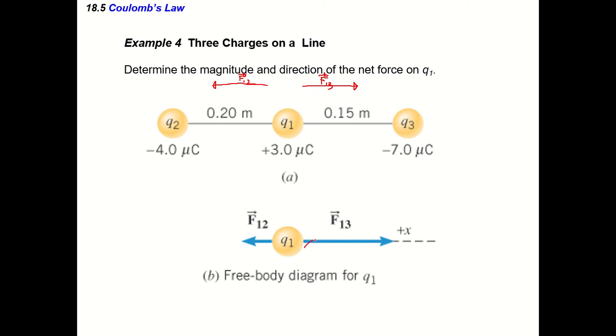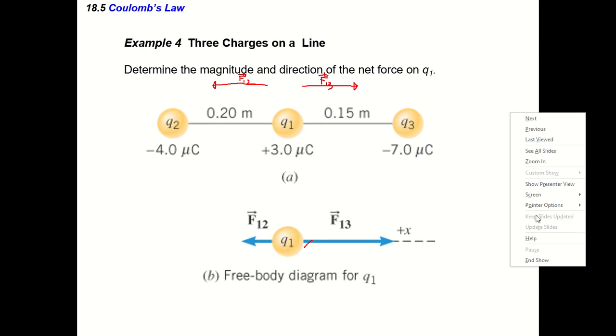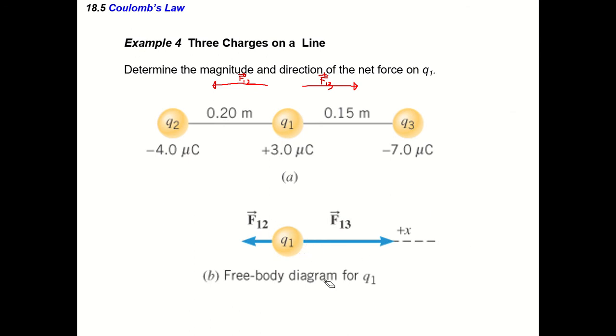Okay, so here it means that this is greater than this one. So the tendency is that more force tends to go to the right, because it follows the direction of this.